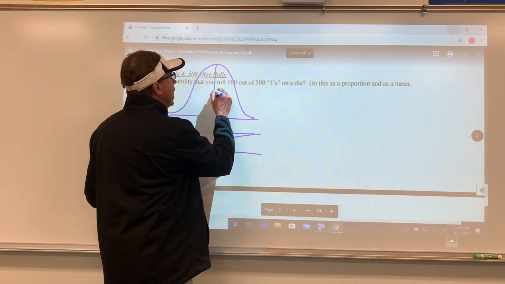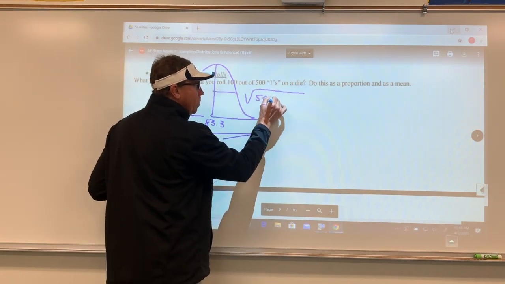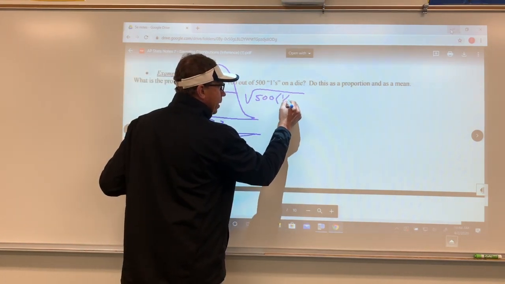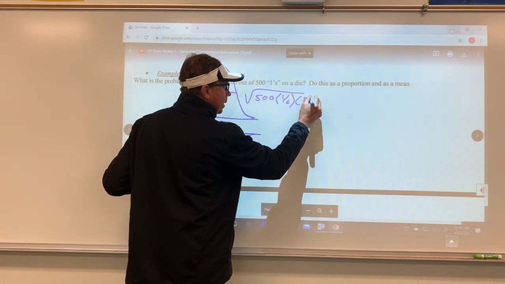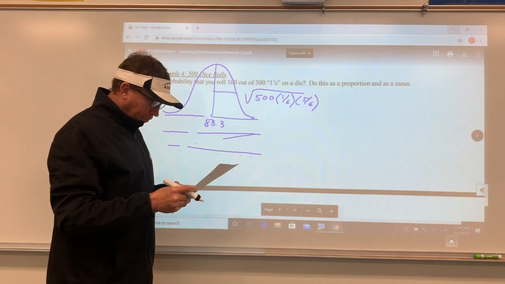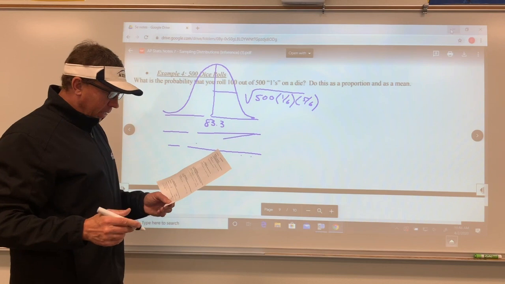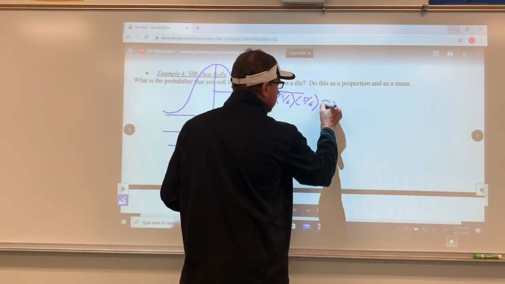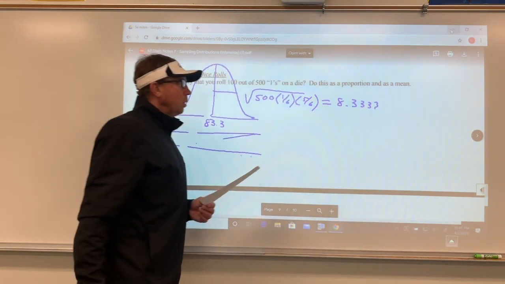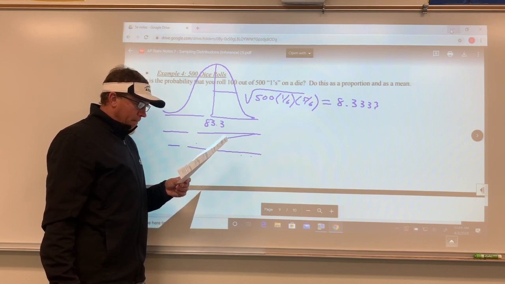Then for the standard deviation, I'm going to move 500 into the numerator. I'm going to take it out of the denominator, and I'm going to go 500 times 1/6 times 5/6, okay? When I do that, I'm going to get a standard deviation of about, that's not unrounded, 8.333, okay?